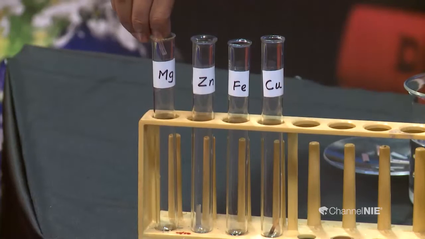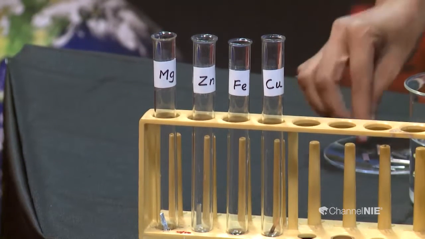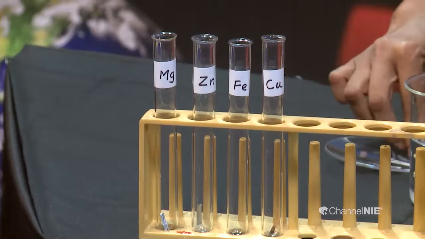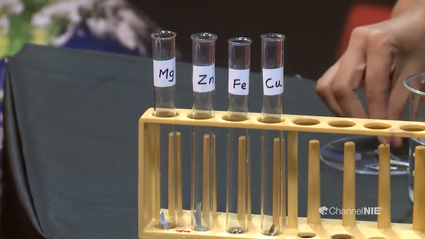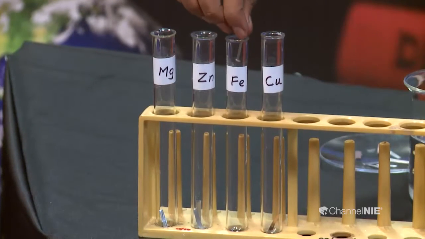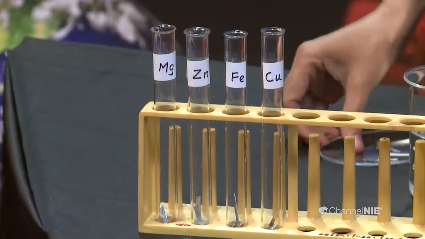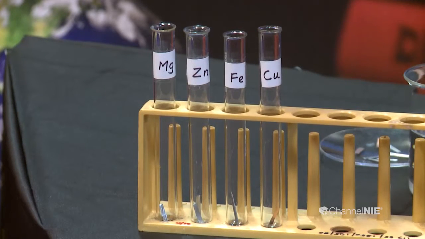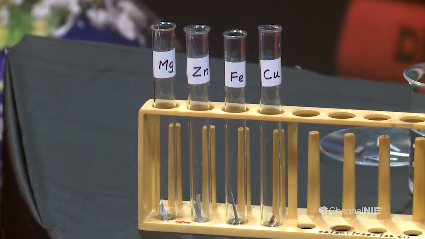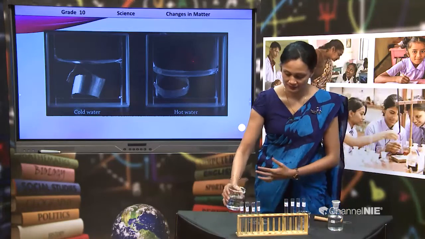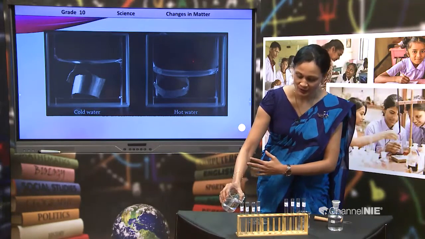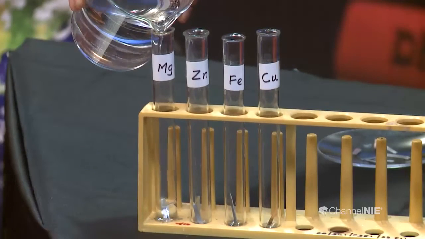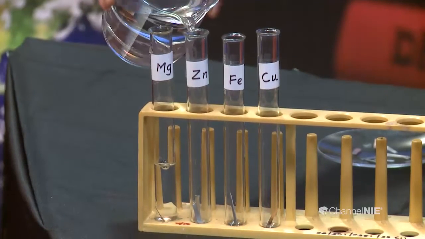Here I put magnesium, then zinc and iron, and here copper. Now I am going to add cold water into each test tube. Look at this very carefully because you can observe what happens in there.